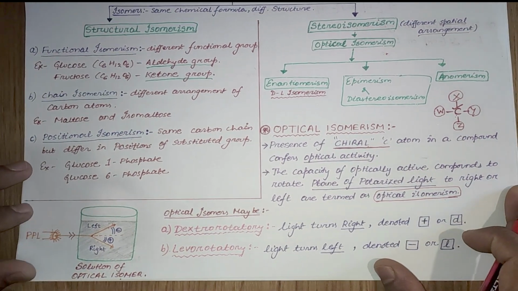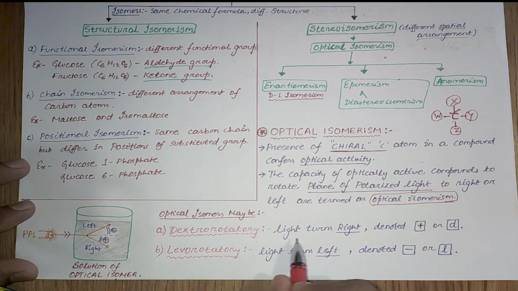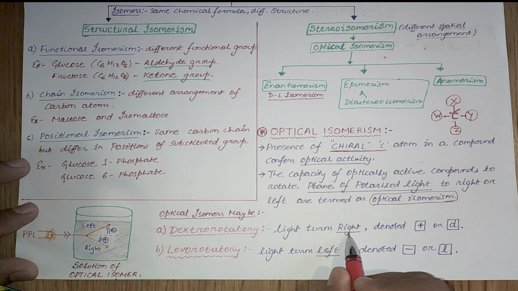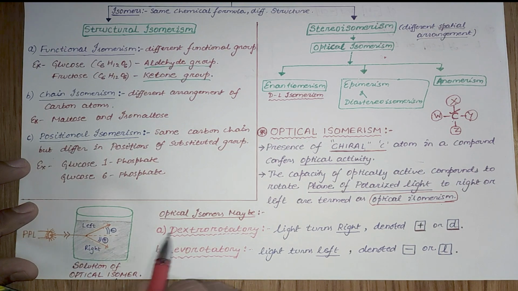And it is said that if this solution or the optical isomers rotate the plane polarized light towards the right direction, then it is denoted as positive or small d, and it is known as dextrorotatory.